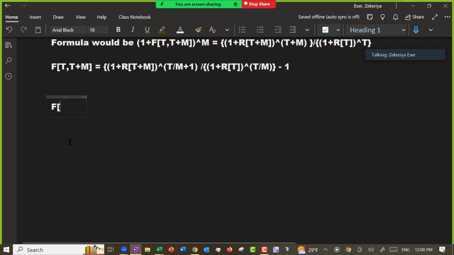Let's do 5-10. Okay. I'm going to borrow $1 million starting 5 years from now, and I'm going to pay it back 10 years from now.